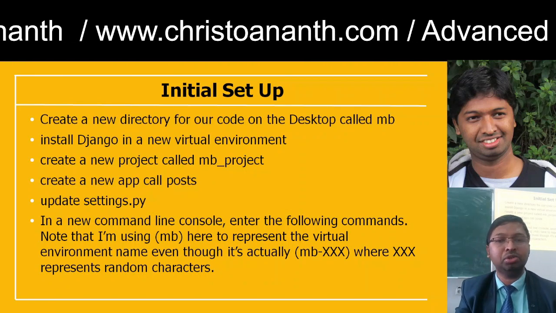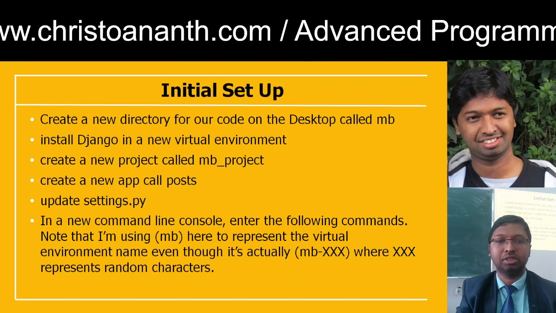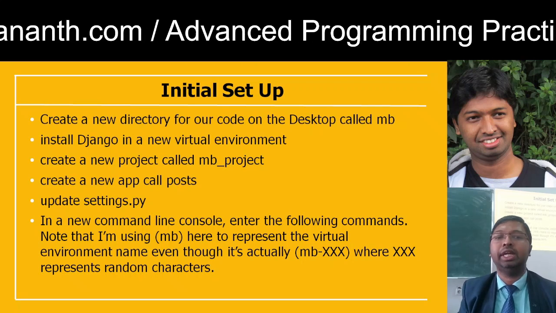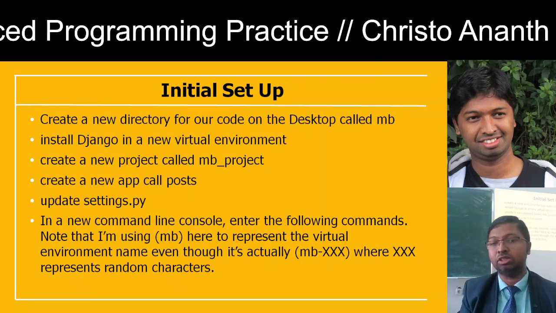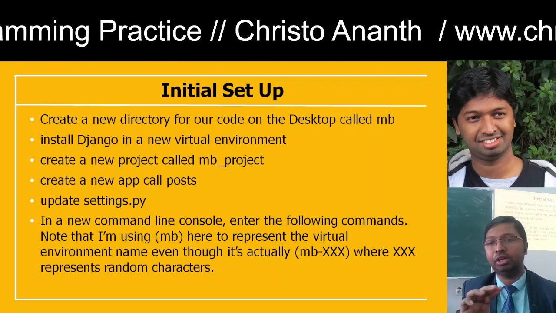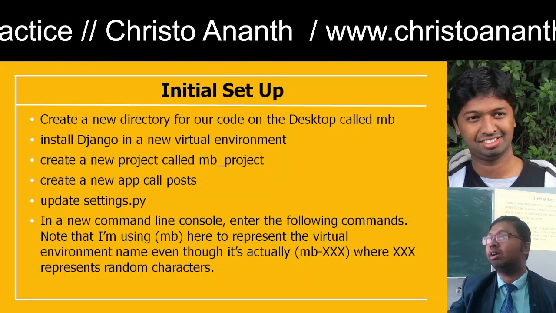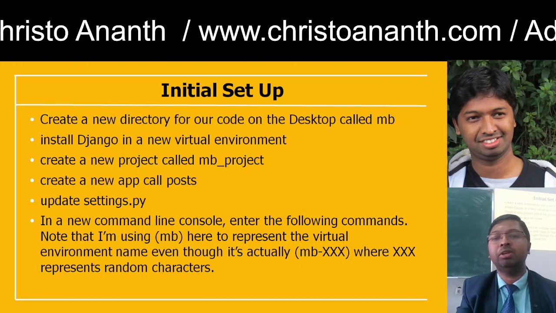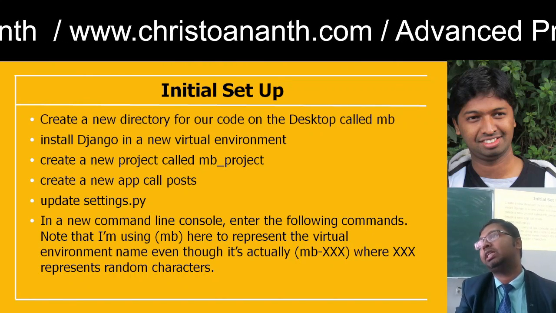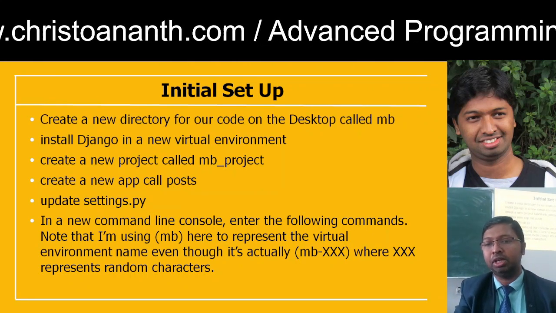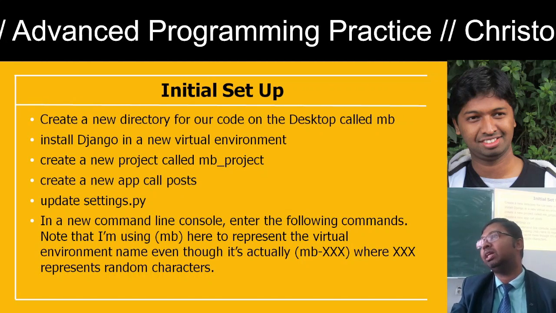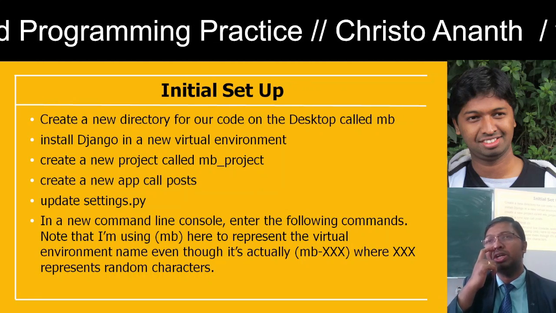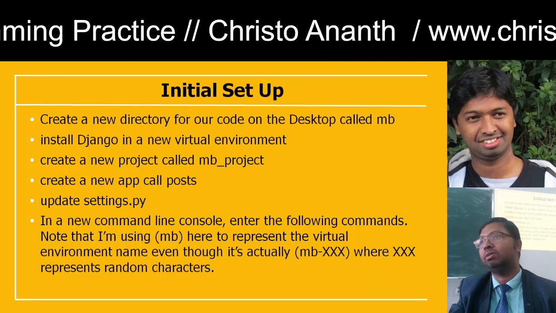Then you create a new app called posts, and after creating it you update the settings.py file. If you create a new directory called MB, you can use MB to represent this virtual environment name. Maybe MB hyphen XXX, that is random characters, maybe like 1 2 3 or ABC.